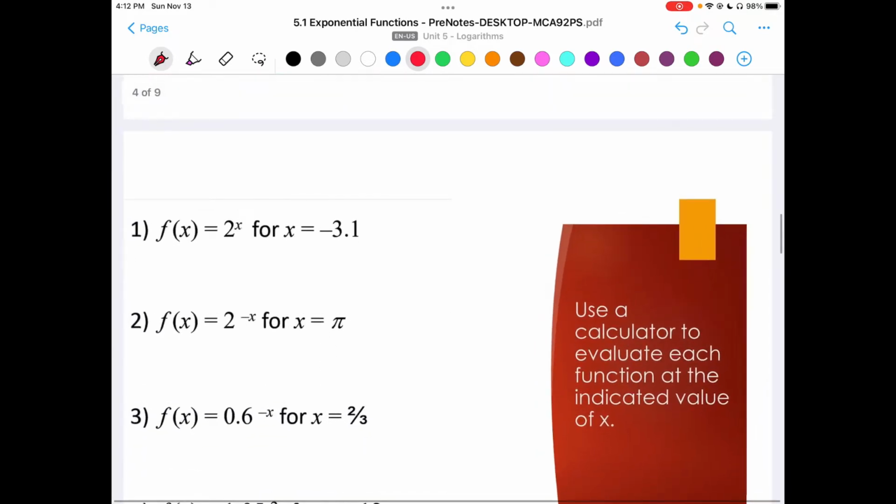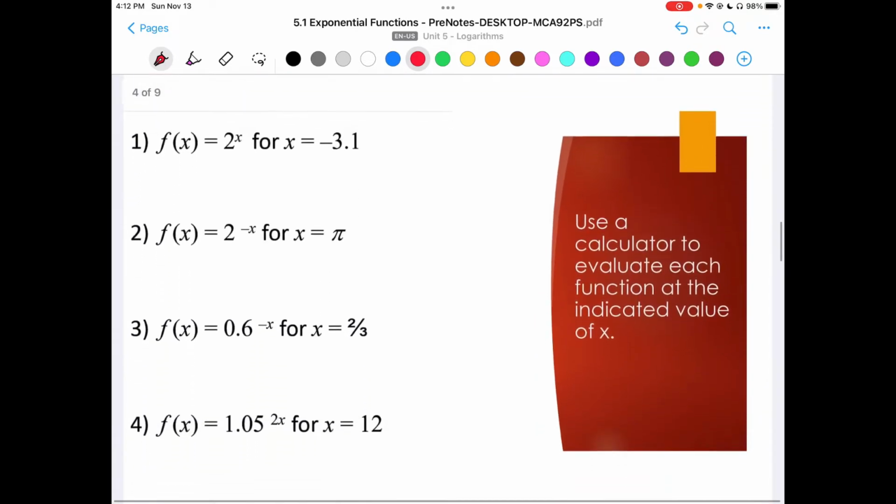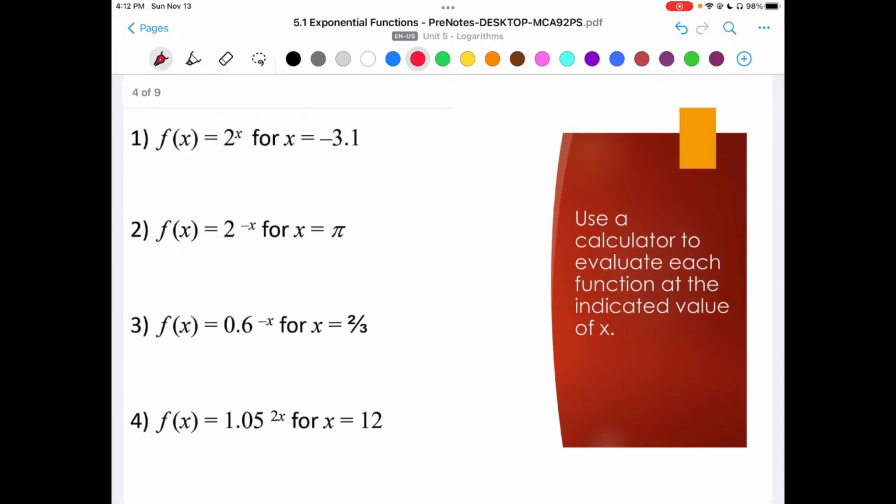So we can actually use a calculator, and we're going to do that right now, to evaluate these exponential functions for certain values. So for f of x equals 2 to the x, for x equals -3.1, that's the same as f of -3.1 equals 2 to the negative 3.1 power.